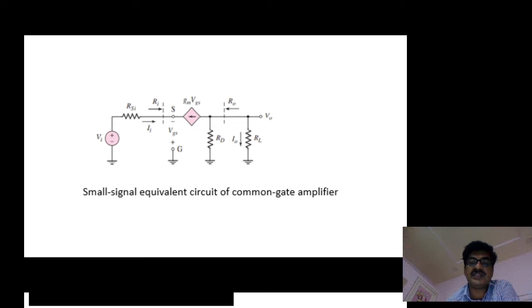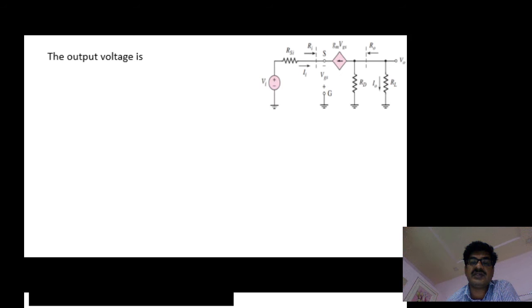Now let us see the analysis. First of all, as usual, the voltage gain derivation. Voltage gain means output voltage divided by input voltage. From the circuit, the output voltage is the drop across RD parallel RL.